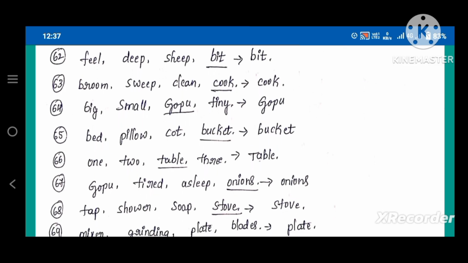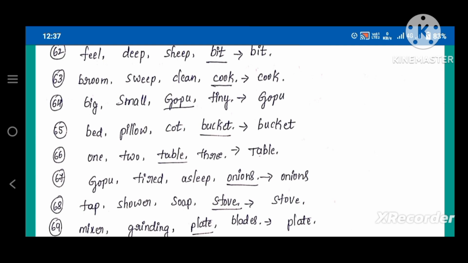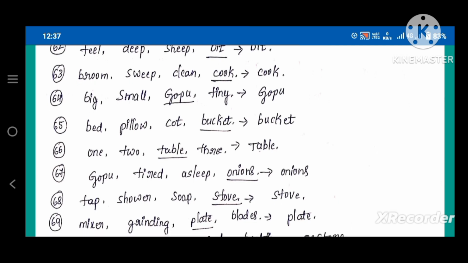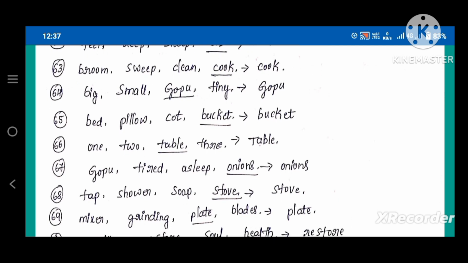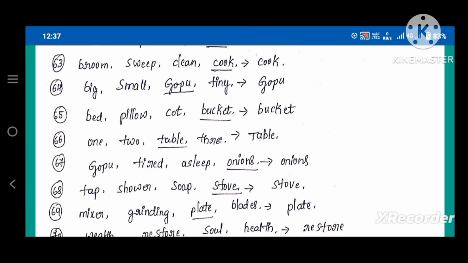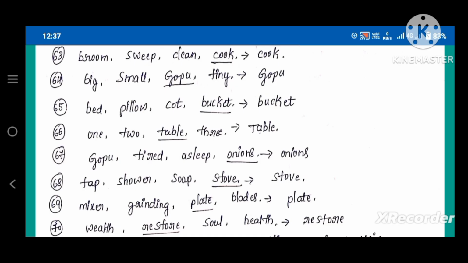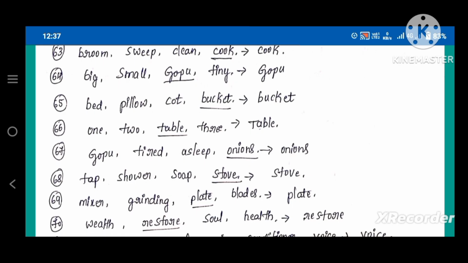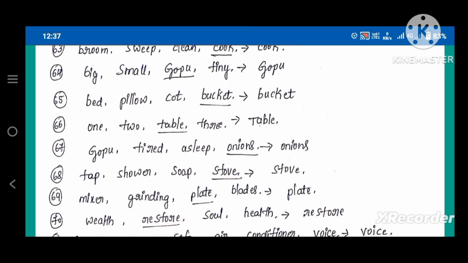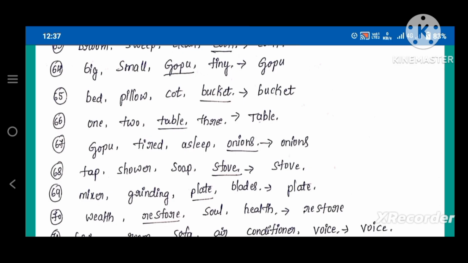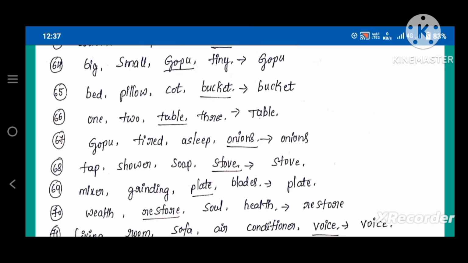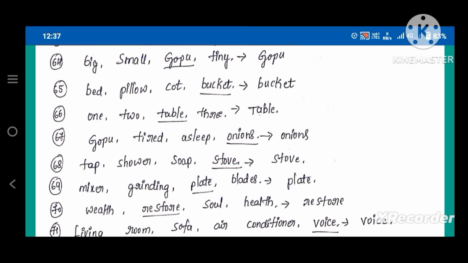Odd one is bucket. 66th one, 1, 2, table, 3. Odd one is table. 67th one, Gopu, tired, asleep, onions. Odd one is onions. 68th one, tap, shower, soap, stove. Stove is odd one.